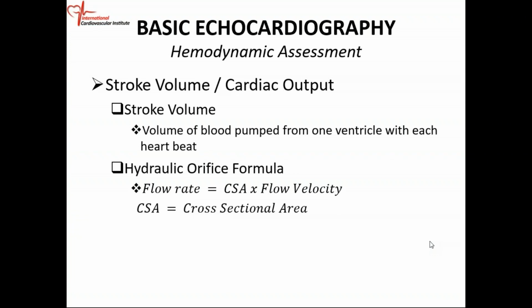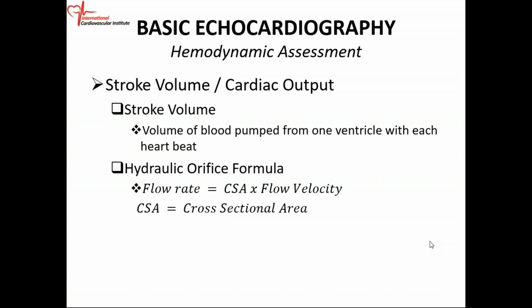So we're going to move on now to looking at stroke volume and cardiac output. When we say stroke volume, what are we talking about? The definition of these terms is going to be crucial. Stroke volume is the volume of blood that's pumped out of each ventricle per beat.